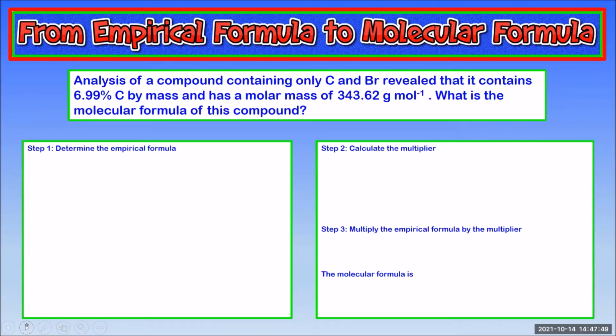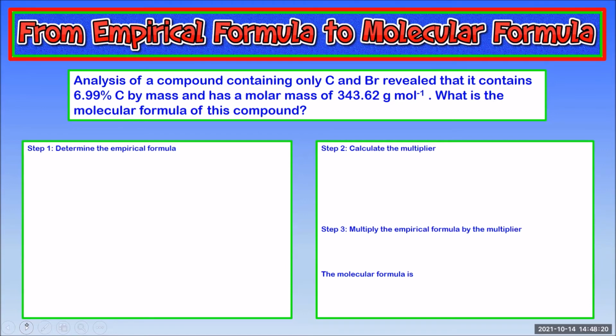Let's have a go. Analysis of a compound containing only carbon and bromine revealed that it contains 6.99% carbon by mass and has a molar mass of 343.62 grams per mole. What is the molecular formula of the compound? First of all, if the compound's 6.99% carbon, then it's 93.01% bromine, because it only contains carbon and bromine and the percentages have to add up to 100.